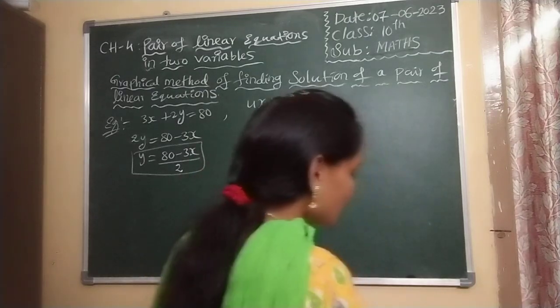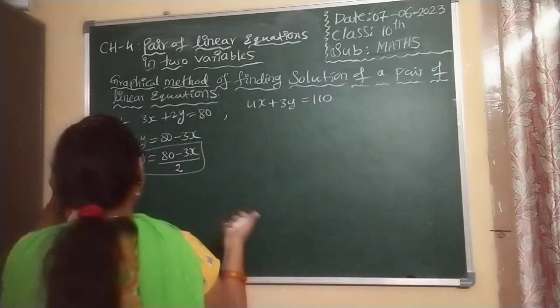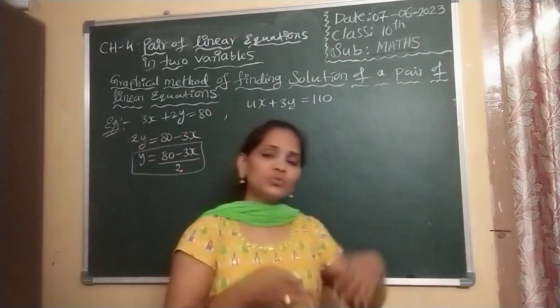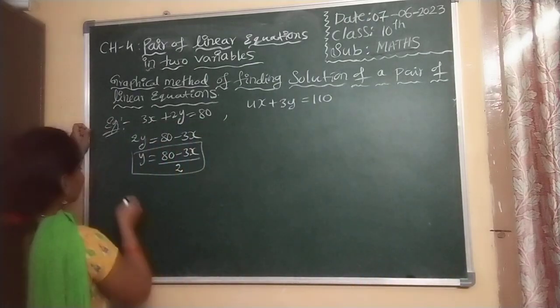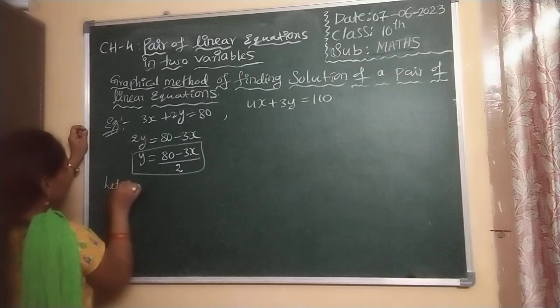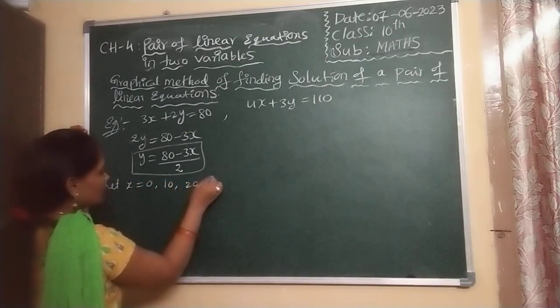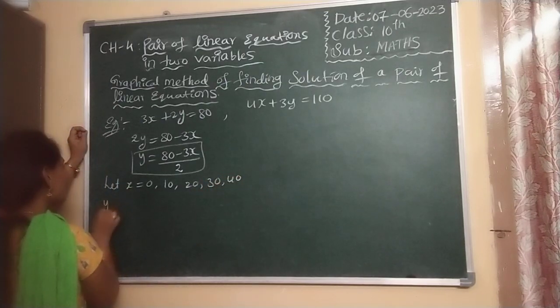Here I am taking some values. If you don't want these values, you can go for other values also, no problem. Let x be equal to 0, 10, 20, 30, 40. Now the corresponding y values.